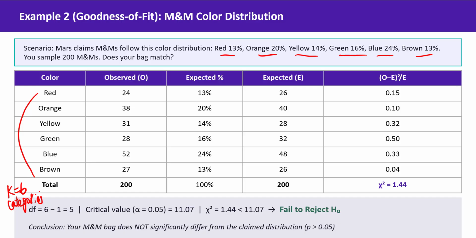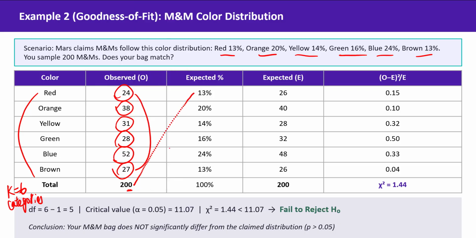And then the observed frequency, so you observe what's in the bag: 24 red, 38 orange, 31 yellow, 28 green, 52 blue, and 27 brown. We add up those, and there are 200 M&Ms in the bag. And then the expected frequencies, based on the percentages: you do 200 sample size times percentage, right?